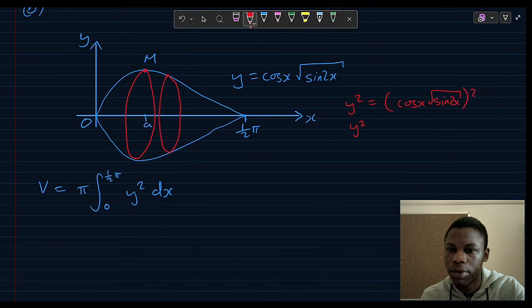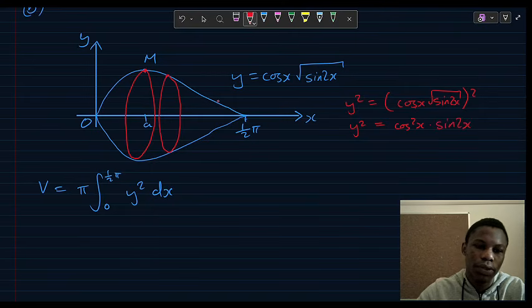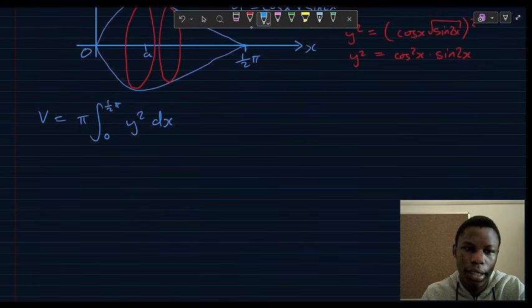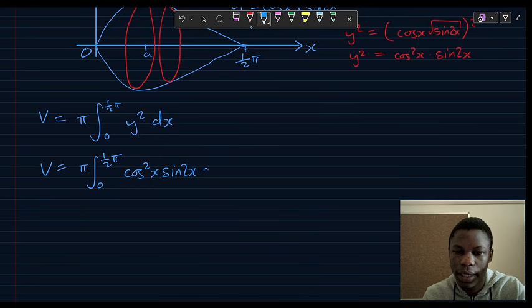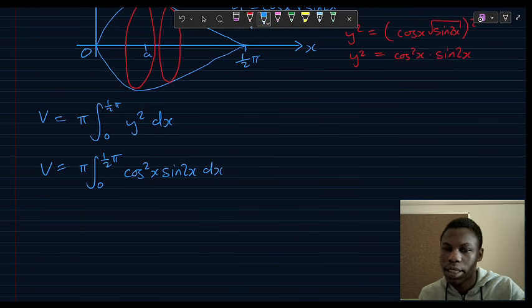So let's distribute the power 2. So square the cos x, giving cos squared x, and then square the root sine 2x. So that gives you sine 2x. So what that means is that our volume becomes pi, the integral from 0 to half pi multiplied by y squared, which is cosine squared x sine 2x dx. This is what we have to integrate.